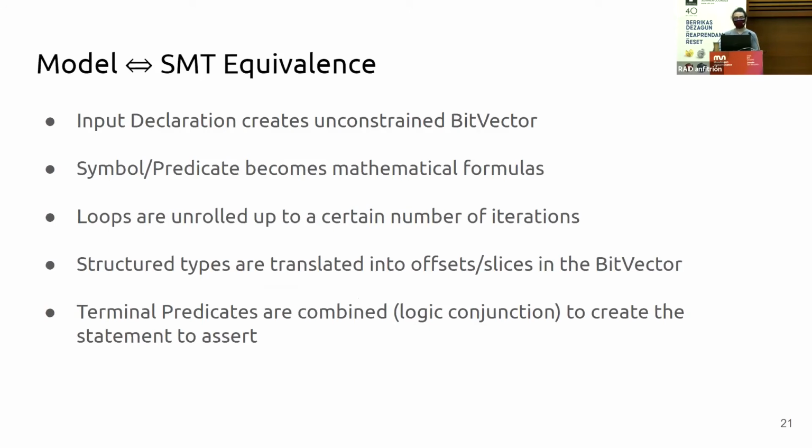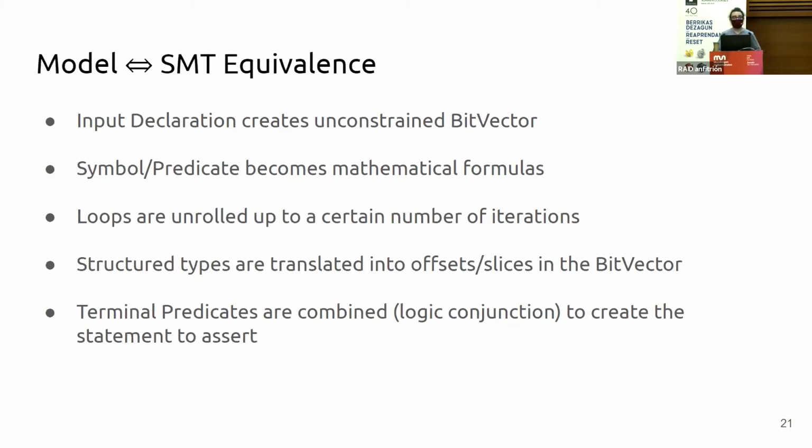So the translation phase is based on the equivalence between the model and SMT problems. In particular, we can translate our models into SMT problems because each type of statement in the language has its own counterpart in SMT terminology. Input declarations, in fact, can be seen as the creation of new unconstrained bit vectors. Symbols and predicates become mathematical formulas to which we give mnemonic names.